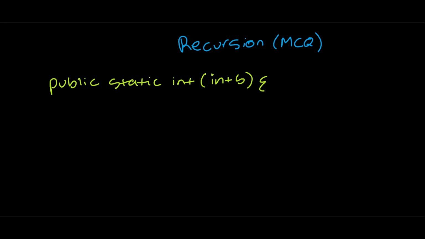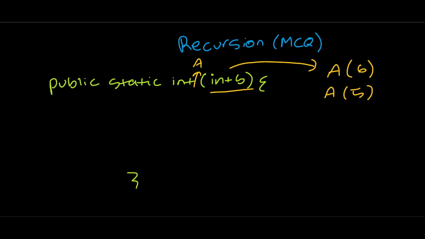So I have my method here, and if you wanted to normally call this method, let's just name this method A. To call it, you would do something like A, and then in parentheses you'd have your one parameter, which is an int, b. So you do like A(6) or A(5), and that would essentially run whatever code is over here.